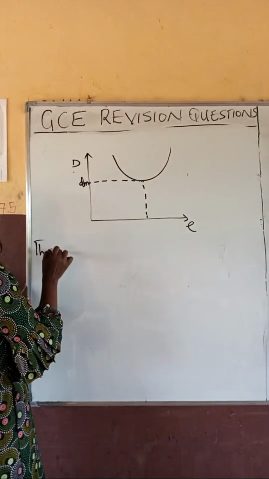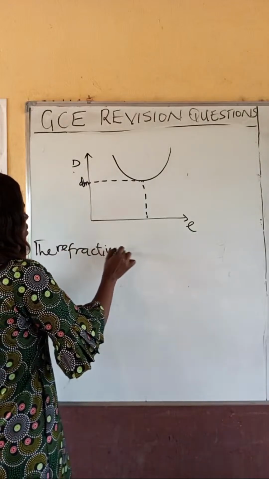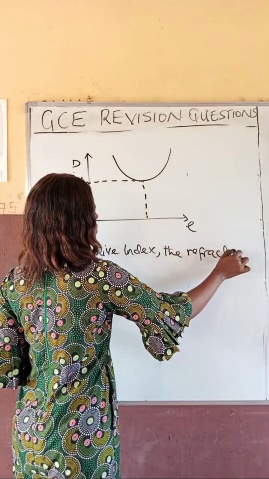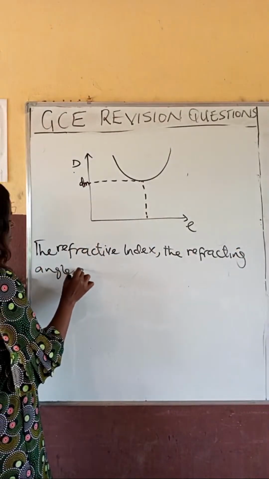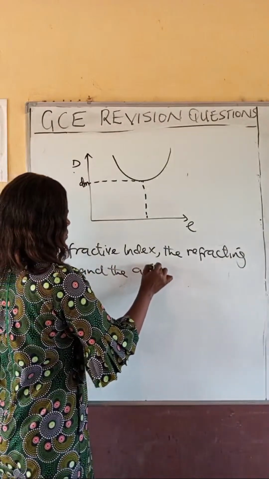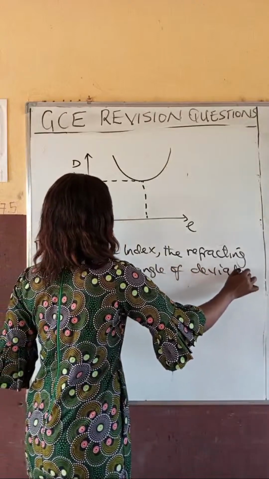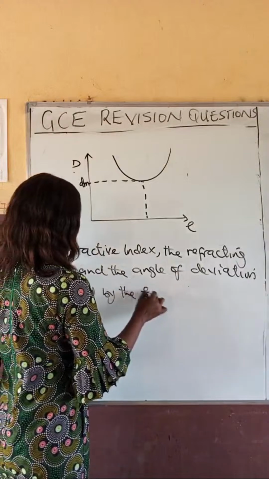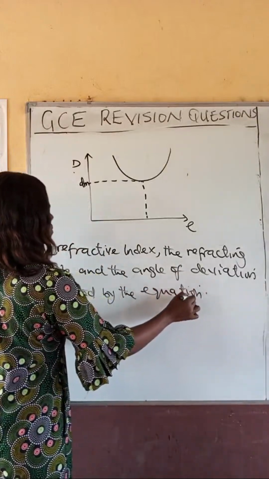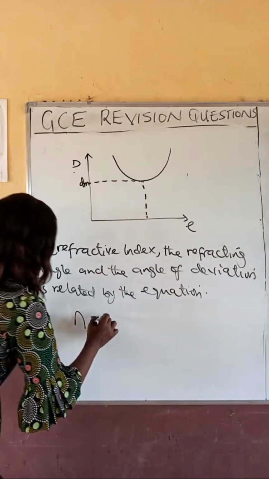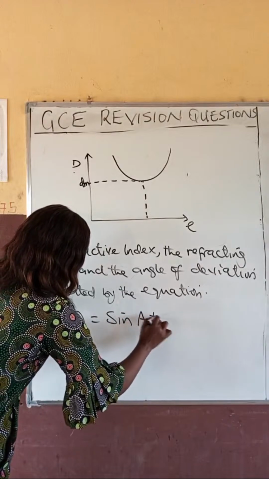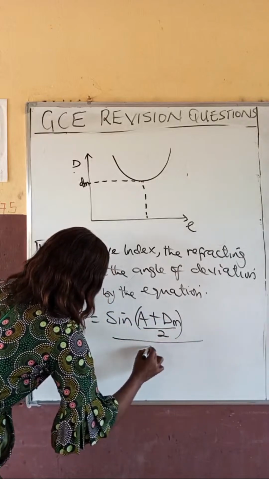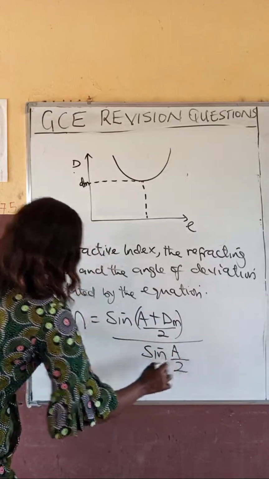Let me say, the refractive index, the refracting angle, and the angle of deviation are related by the equation: N is equal to sine of (A plus dm) divided by 2, all over sine A over 2, right?